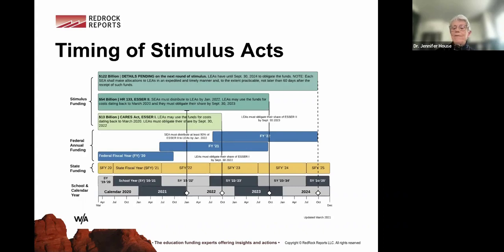And the big one, the American Rescue Plan, is September 30th, 2024. So in the plan, you're looking at what are we spending on in the 2022, 2023, 2024 school years. So that's the big one.